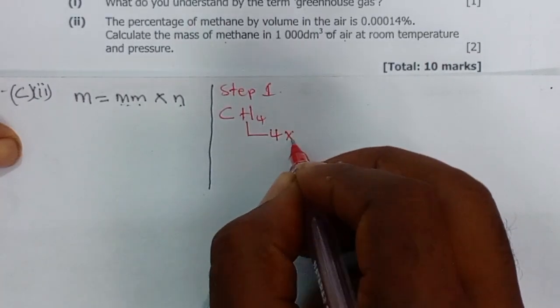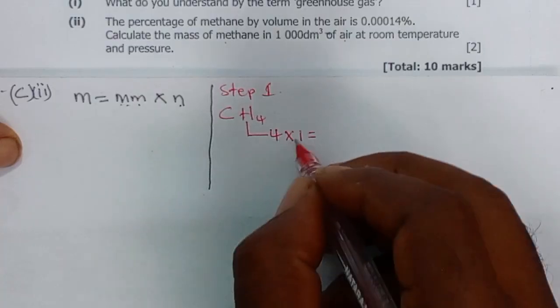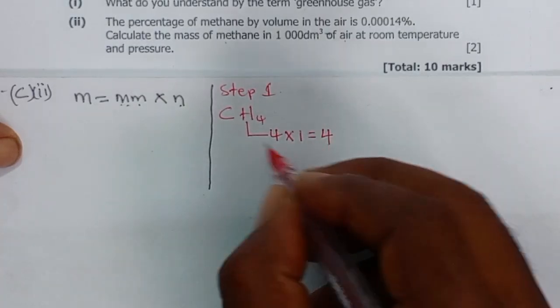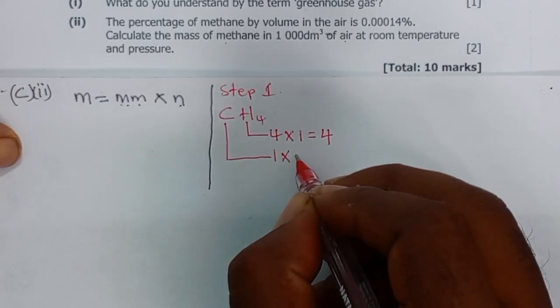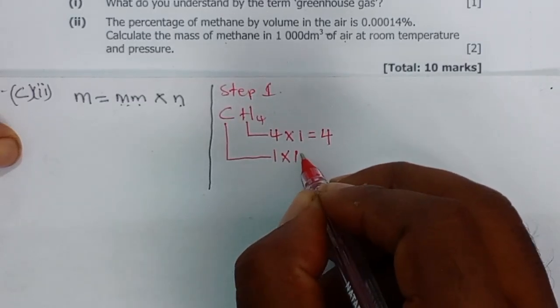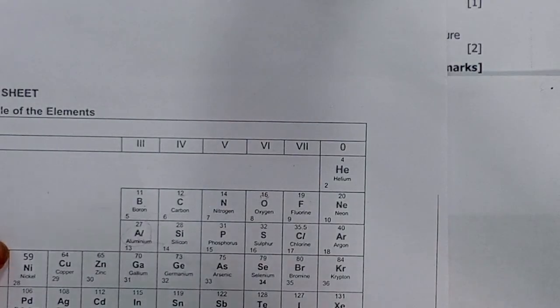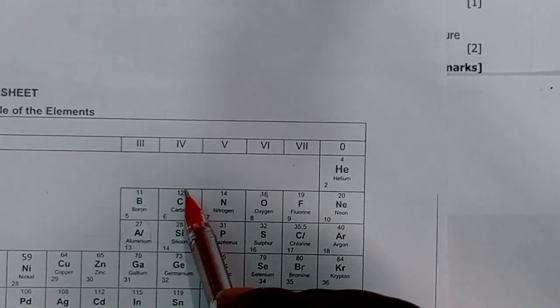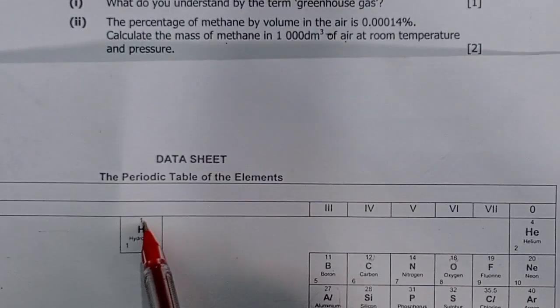The mass number of hydrogen is 1, so 4 times 1 is 4. We have 1 atom of carbon. The mass number of carbon is 12, so 1 times 12 is 12. This is the relative atomic mass of carbon, and this is the mass of hydrogen.